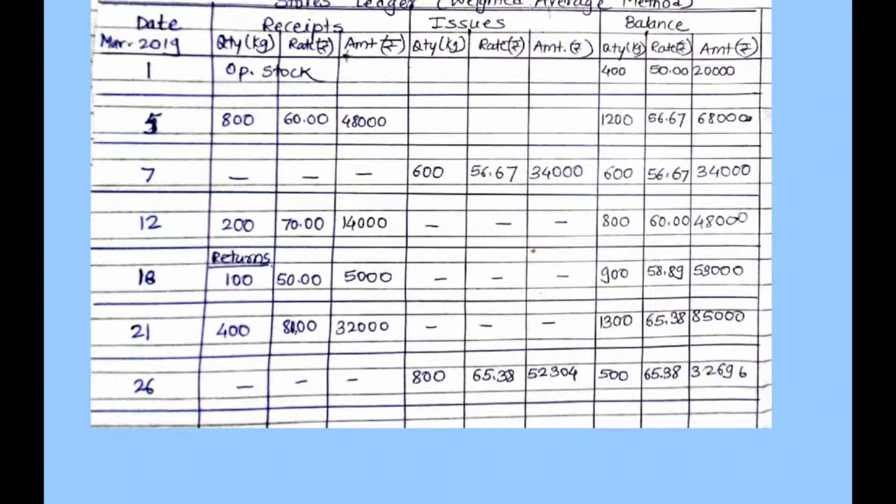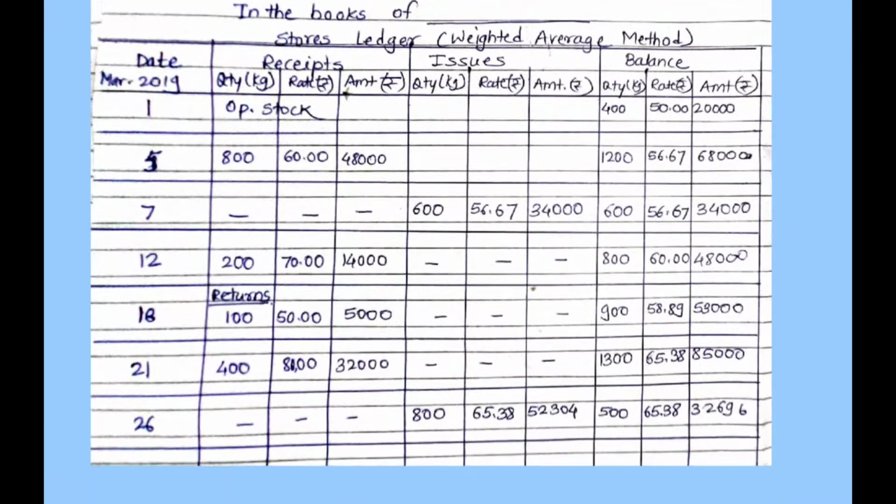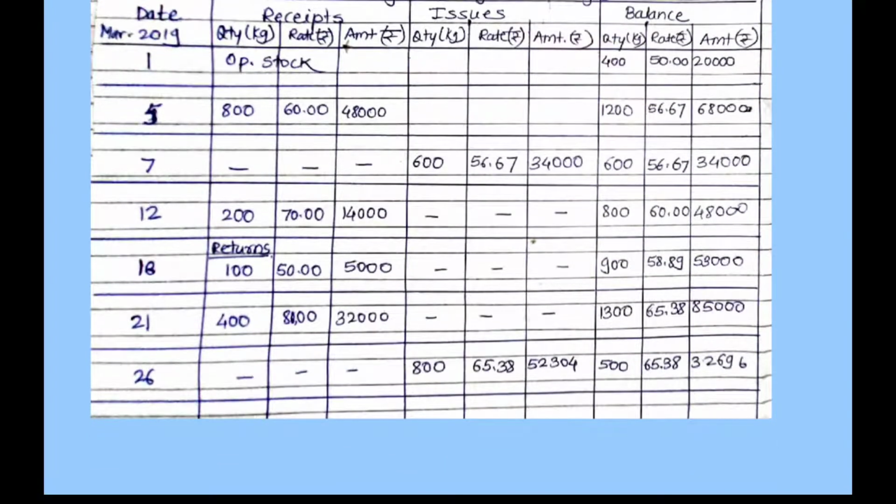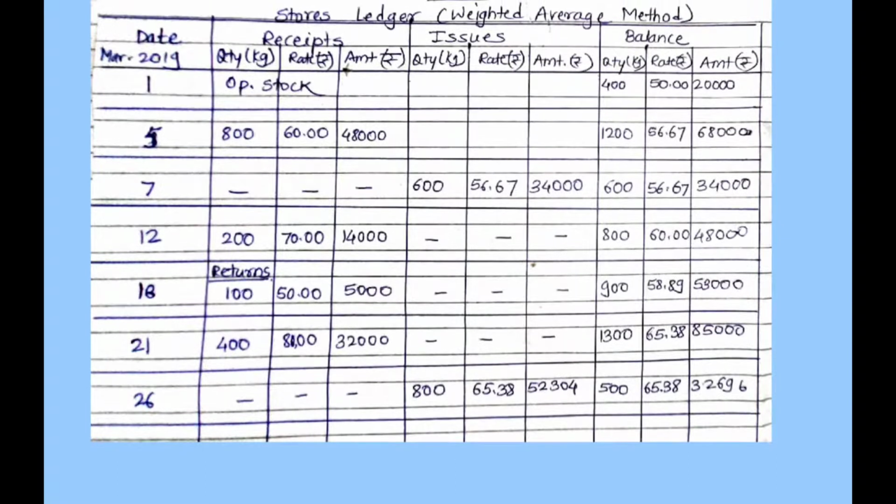Put dash into the issue column. Now again do the total quantity. 900 plus 400 makes 1,300, and 53,000 plus 32,000 makes 85,000. Now we have to divide 85,000 by 1,300 and we will get a cost per unit 65.38.